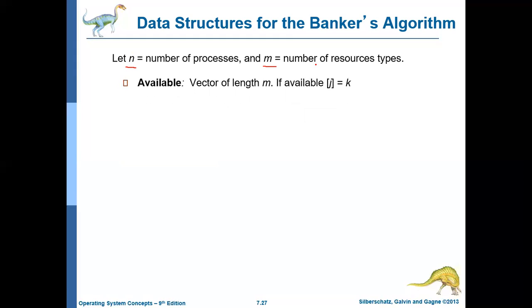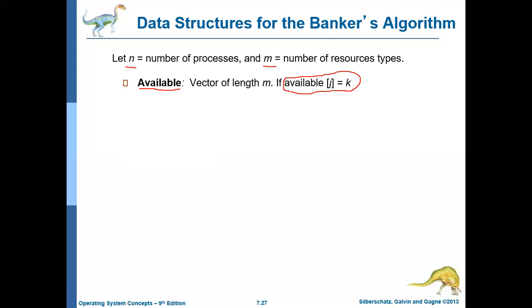Banker's algorithm uses a vector called available. If available of j equals k, what does it mean?